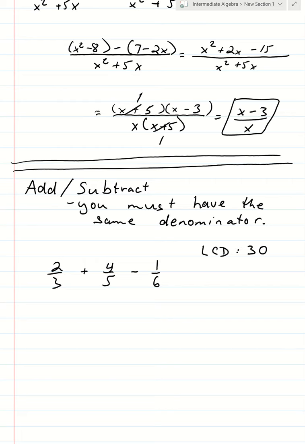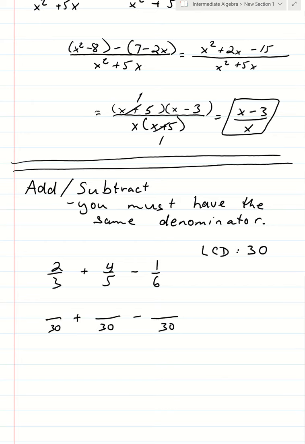And that is the smallest number where that is true. And so here's what we want to do. We want to change these numbers, and we want to turn them into equivalent fractions that have 30s in the denominator. So here's what we're going to do.